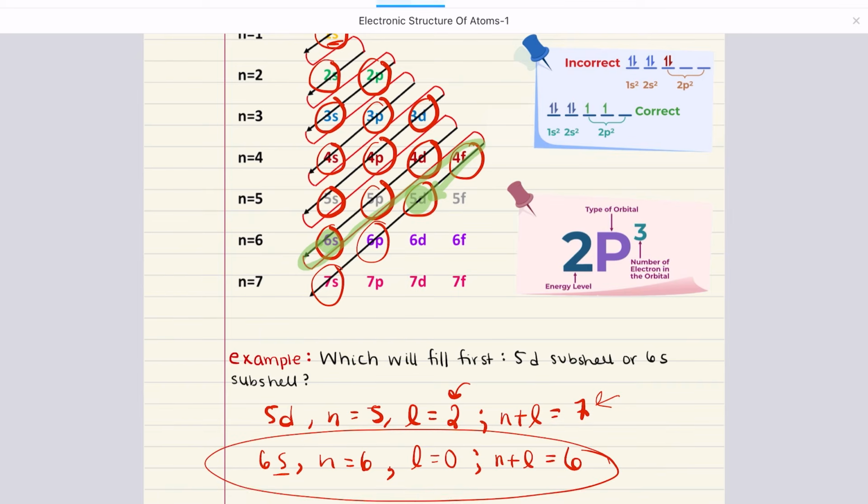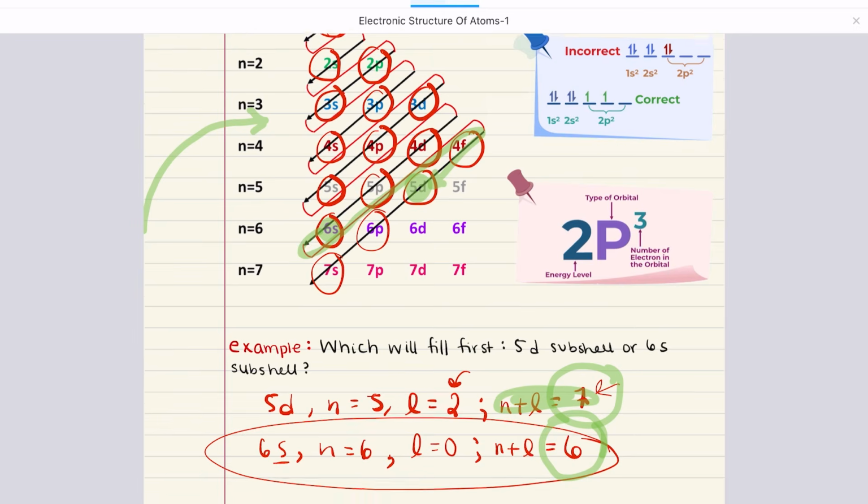So the 6s subshell has lower energy and it will fill first. This is a quick trick to figure that out if you forget the ordering: find the principal quantum number and the angular momentum quantum number, sum them up, and the one with the smaller value fills first because it is lower energy.